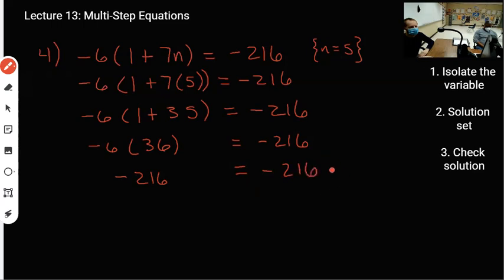So both sides are equal. That is a true statement. Okay, so that was number 4. We're going to try number 6 next.